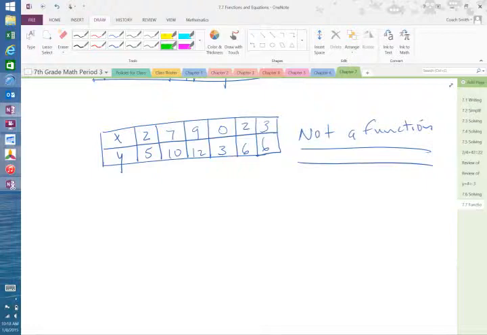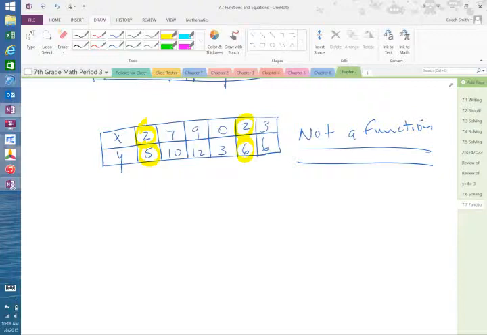The reason it is not a function is because of these two things right here. A function must have exactly one output for each specific input. If I plug a 2 into this table, for it to be a true function, it would always have to either spit out a 5 or spit out a 6.